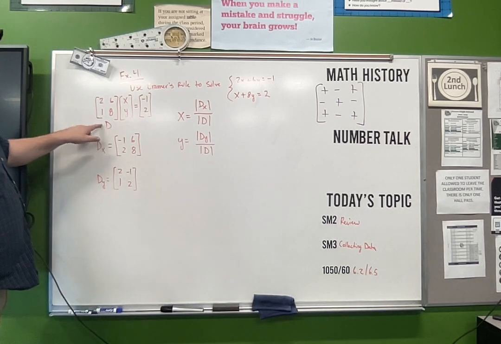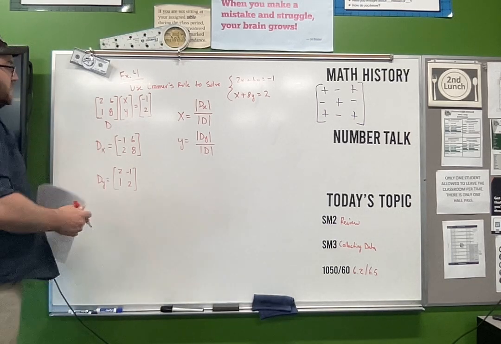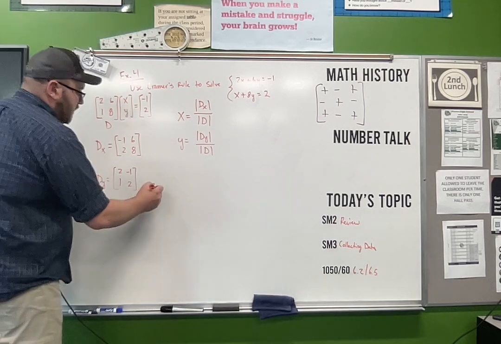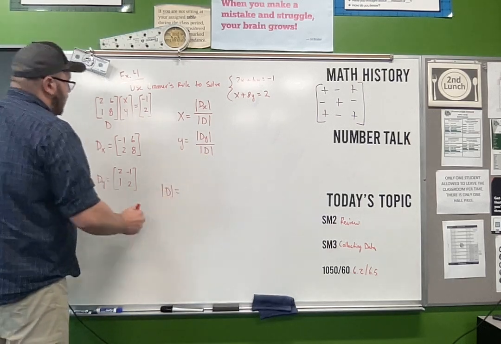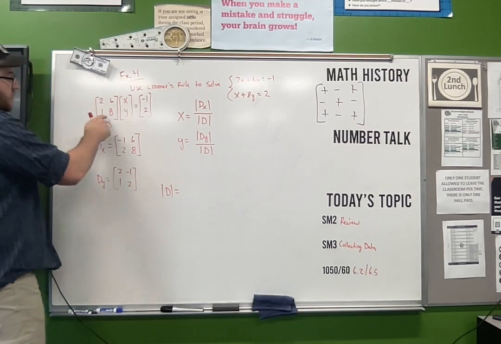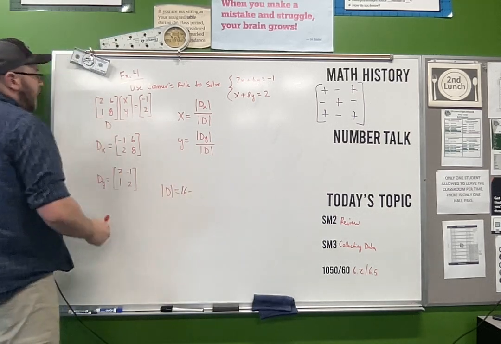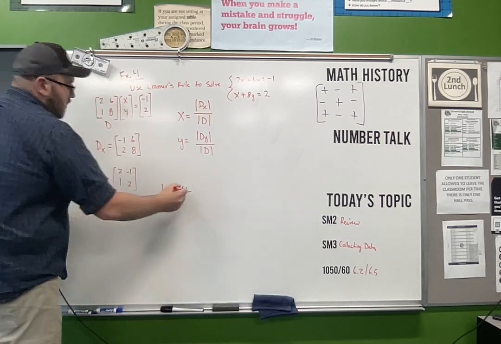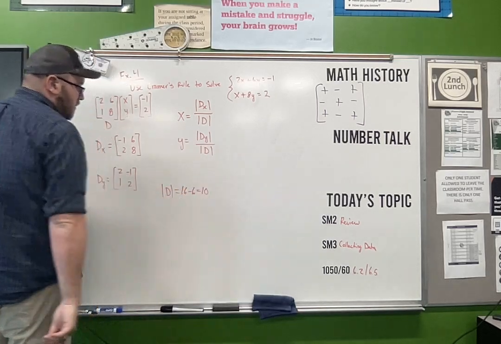Let's figure out the determinant of D. Okay, so this is a 2 by 2. So the determinant of D is ad minus bc, right? Little a, little d: 2 times 8, which is 16, minus 1 times 6, which is 6. So it gives us 10.